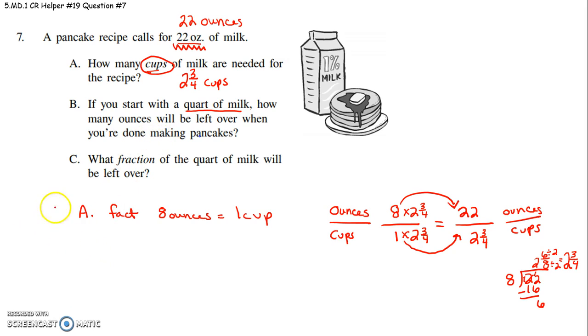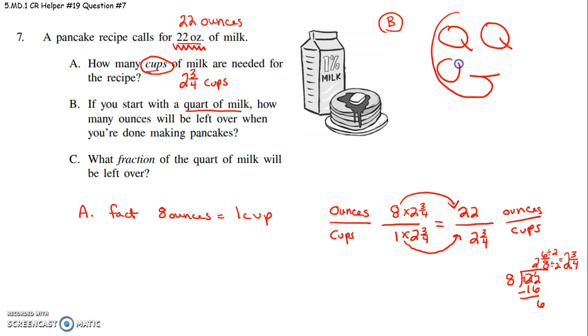Okay. To figure out my quarts, for letter B, I'm going to draw the big G. In a gallon, there's 1, 2, 3, 4 quarts. In each of those quarts, there's 2 pints.